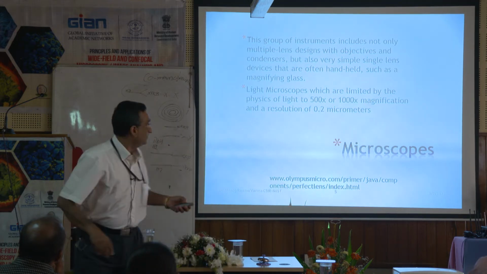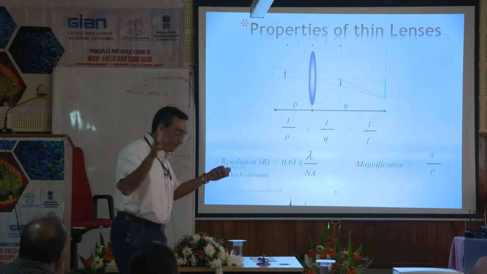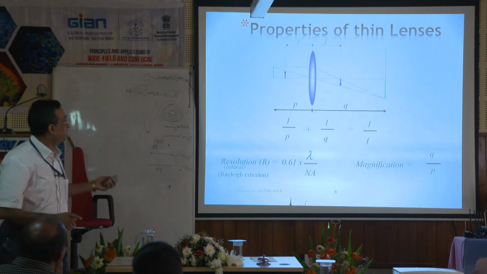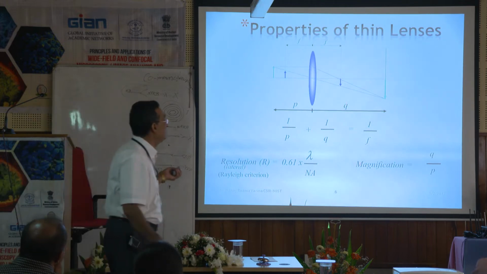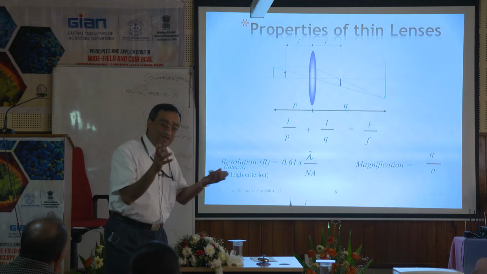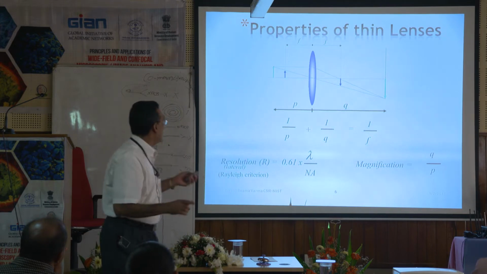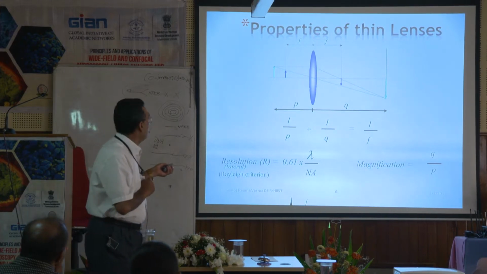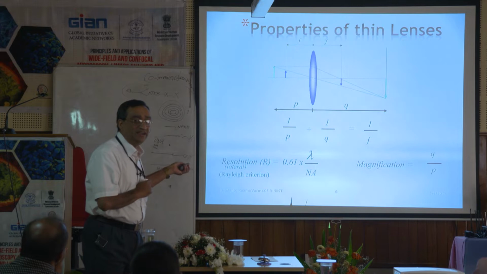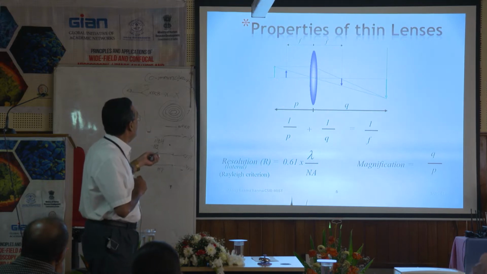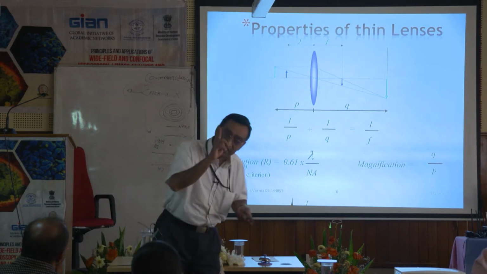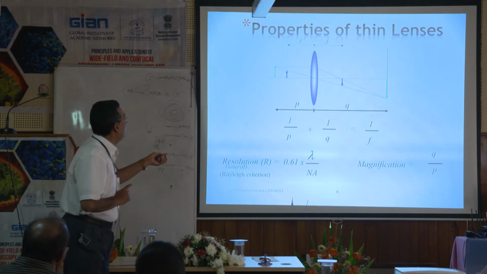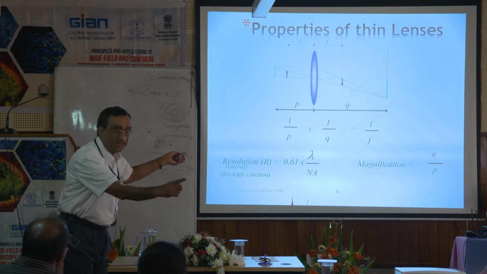The principle of the microscope is very simple physics. It starts from the convex lens principle. Everybody knows what a convex lens is: when you put an object in front of a convex lens, you get an image on the other side. If you keep the object at the focal point, you get a same-size image on the other side.